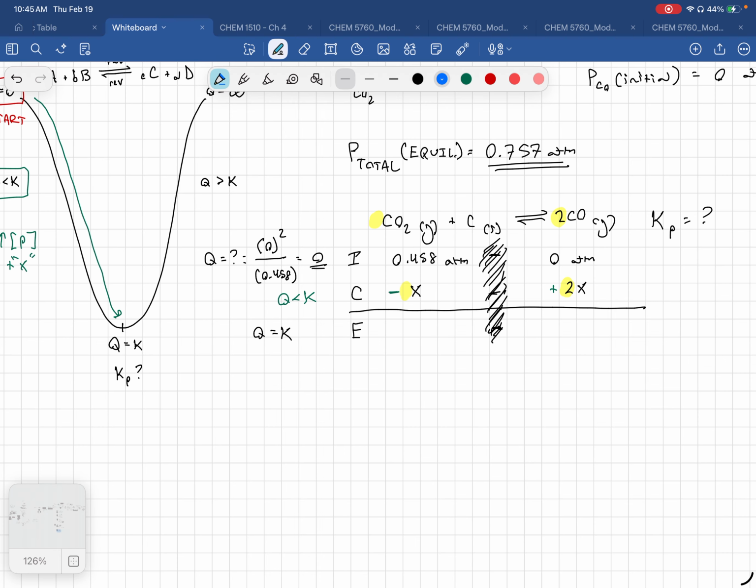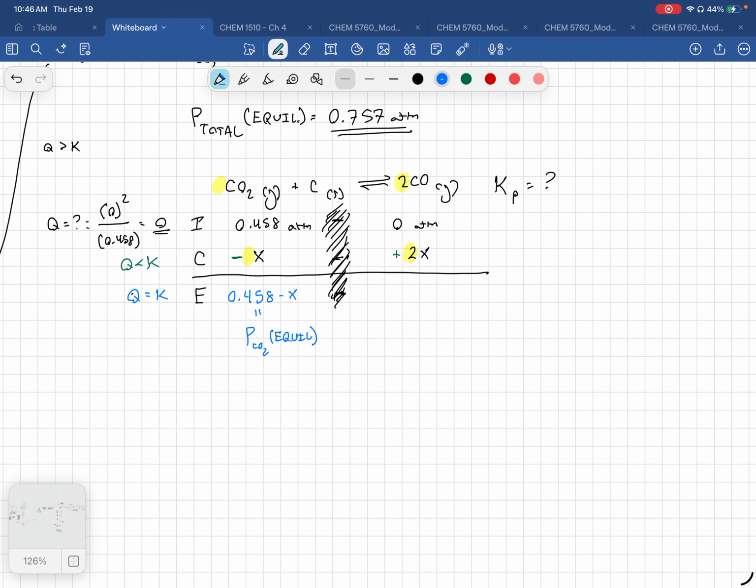So then once we reach equilibrium, when Q equals K, our pressure for our CO2 at equilibrium will be 0.458 atmospheres minus X. So that is our pressure of CO2 at equilibrium. And our equilibrium pressure of CO is going to be 0 plus 2X, or simply 2X.